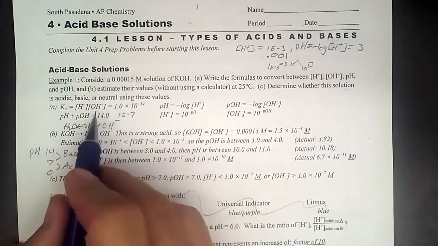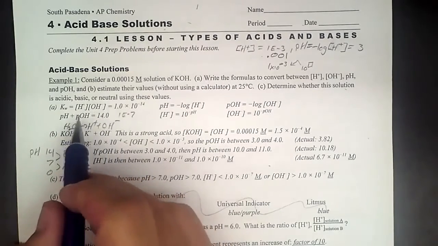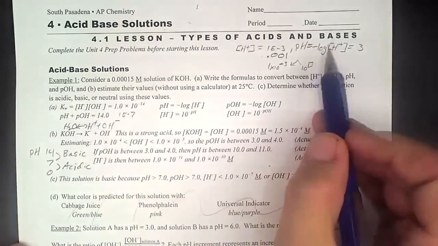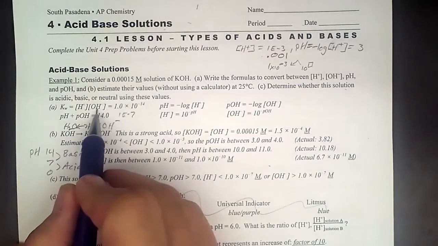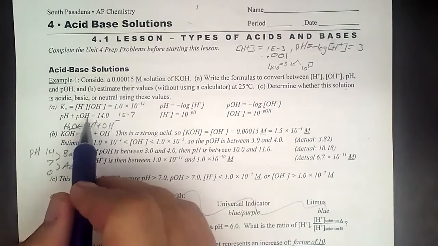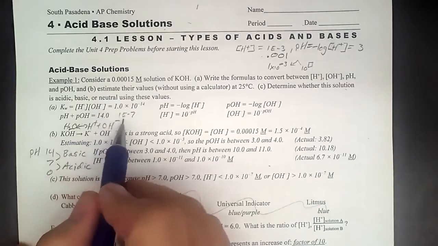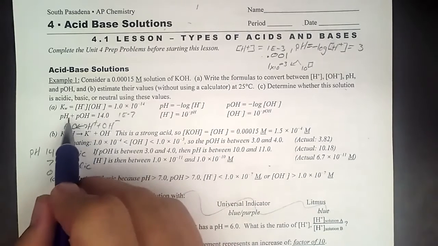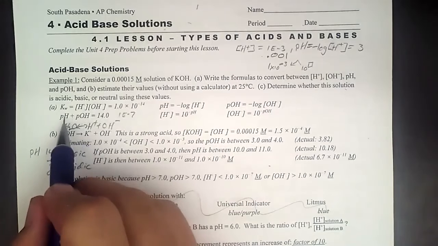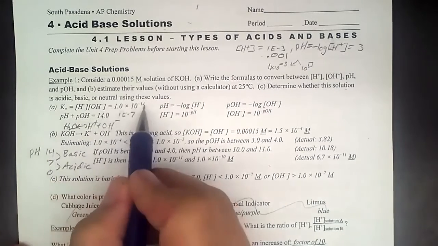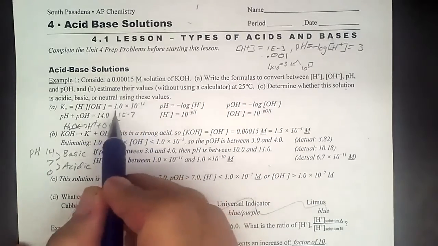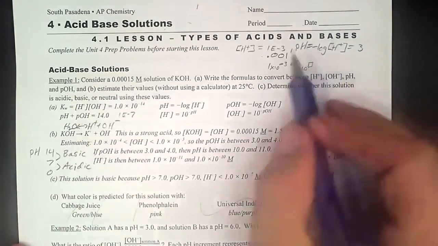So if we take the negative log of the H plus, we get pH. If we take the negative log of OH minus, we get pOH. And since these were both the same number, when we do that, we get the answer is 7 for both of these. So at neutral conditions, pH is 7, pOH is 7, and that adds to 14, and that's not at all a coincidence that it comes from this, because remember, we took the negative off back here.